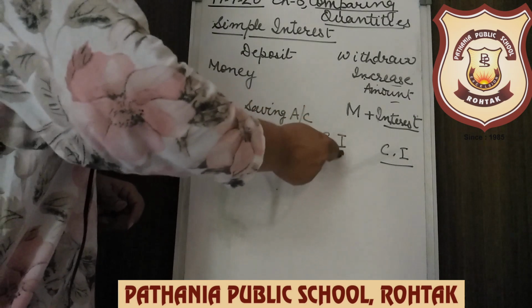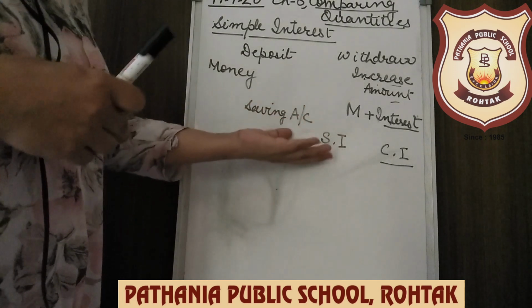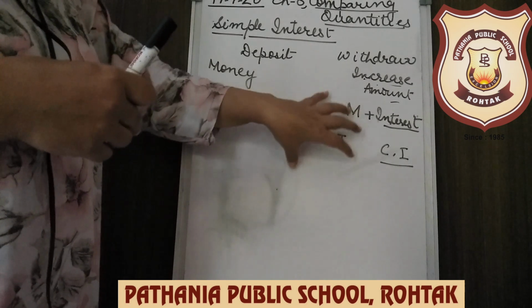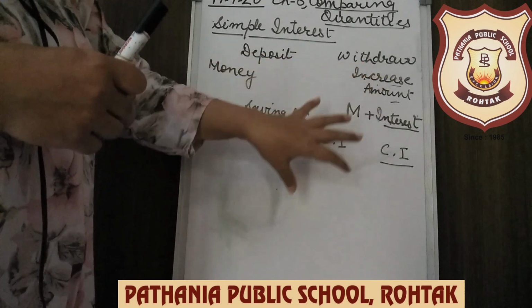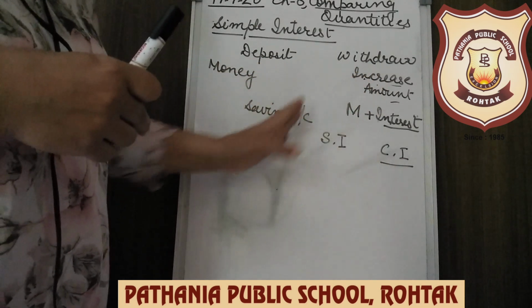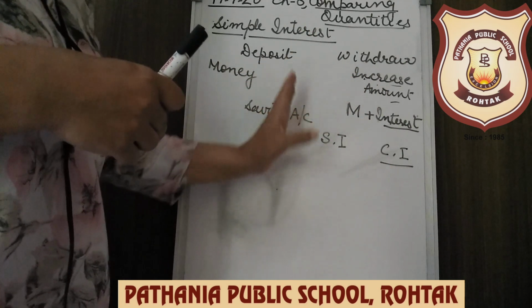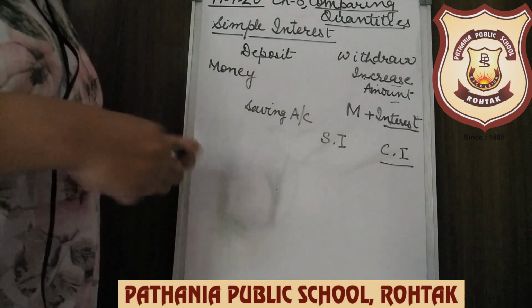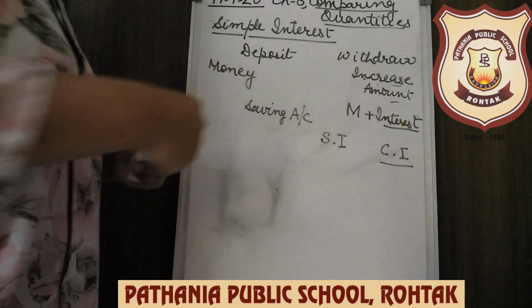But this interest is just annually 4%, like that. So here the increase in money is very less and there the increase of money is more. So that's why we transfer our money from the saving account to the FDs, so that there we get more interest on money.